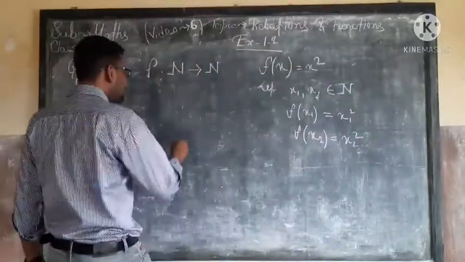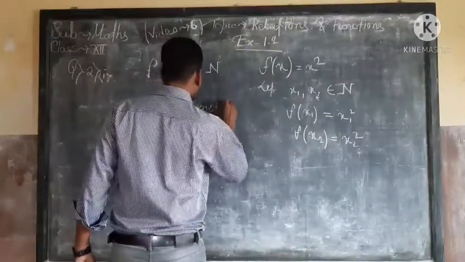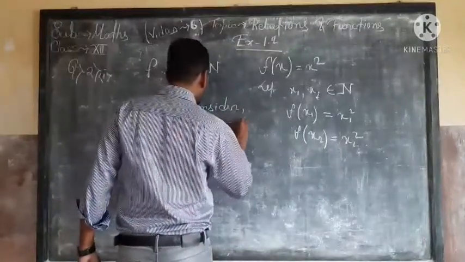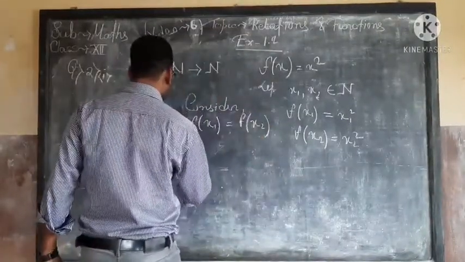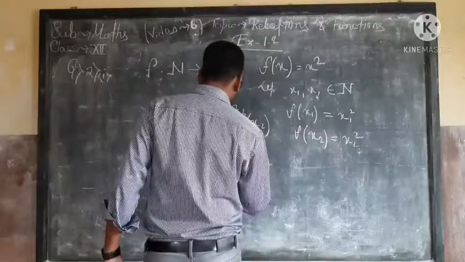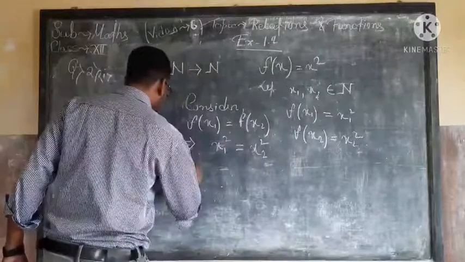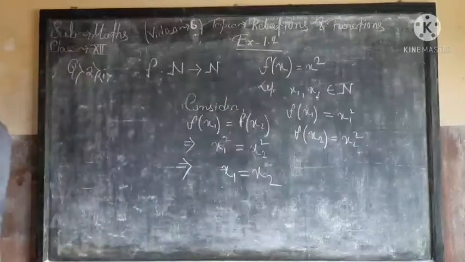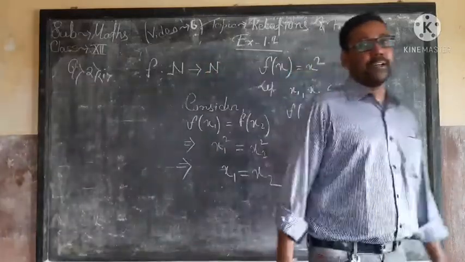Okay, and consider f of x1 is equal to f of x2. That means it implies that x1 square is equal to x2 square, and from this x1 is x2. That means this function satisfies the one-one criteria.